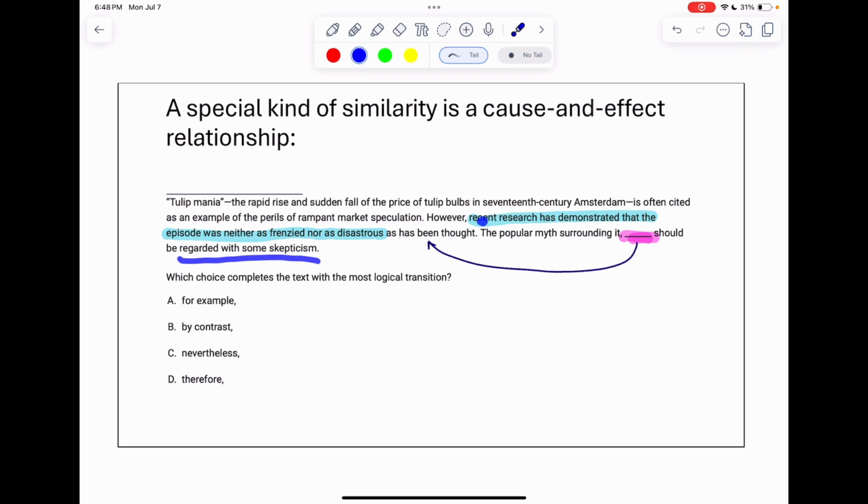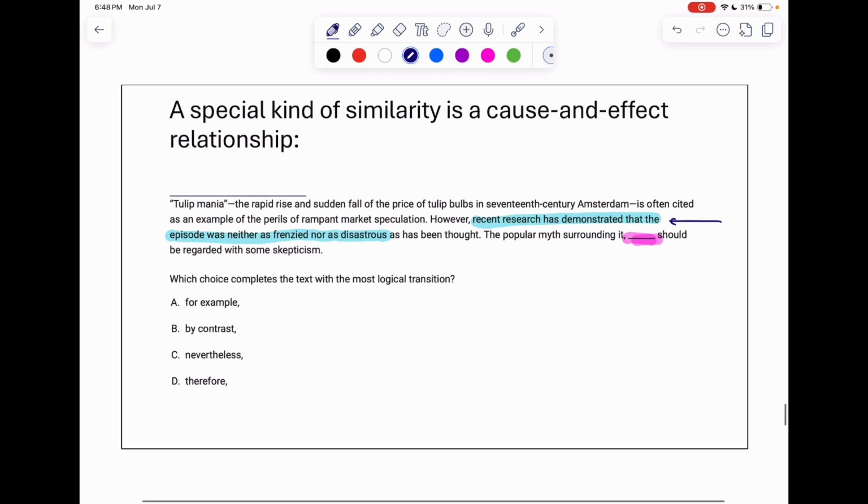Well, finding research that what we used to think was true turned out not to be true, what relationship would that have to us becoming skeptical? Well, finding out that something's not true makes you skeptical of it, makes you not believing of it, which would set up the cause and effect relationship, right?